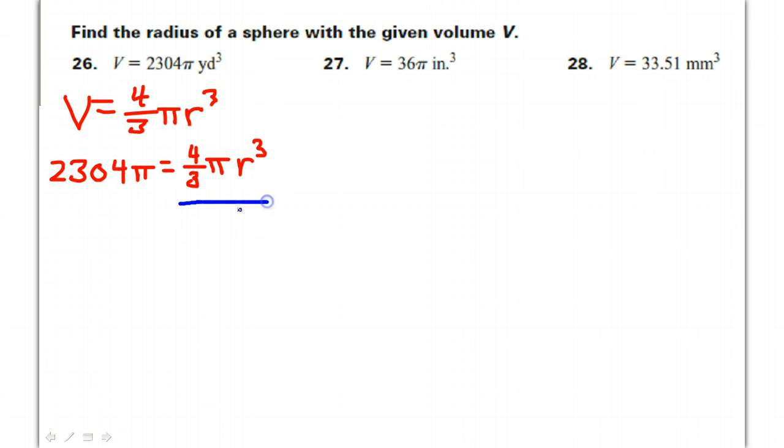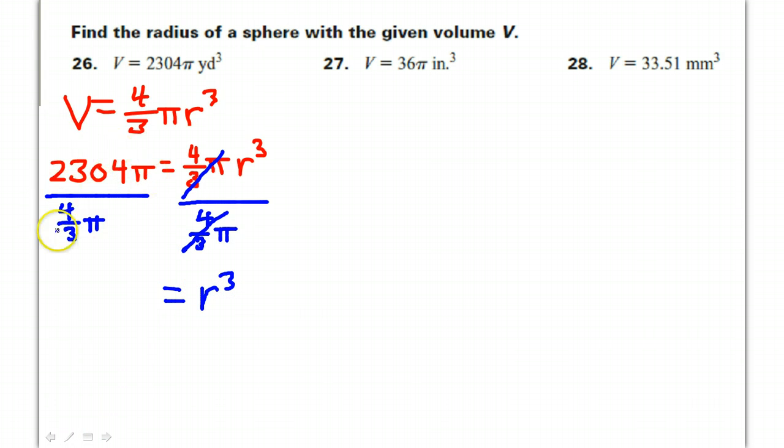I'm just going to divide both sides by 4/3 pi. Okay, that way all this cancels out. Now that's going to leave me with r to the third power equals.